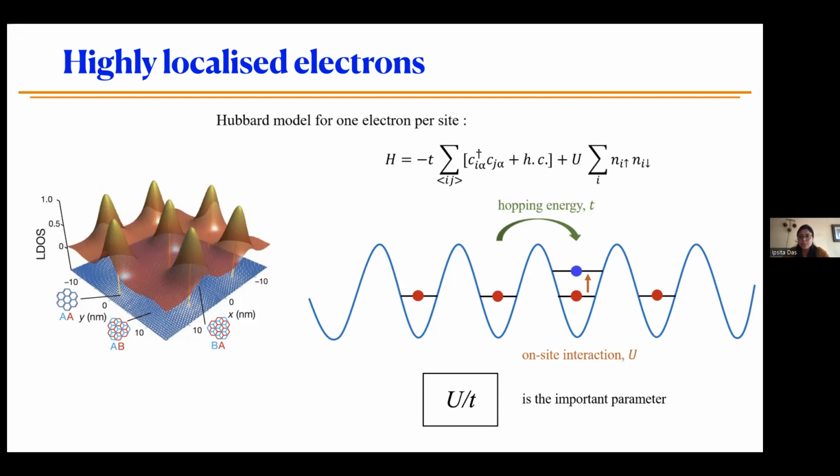And the ratio between these two energy scales is very important, because in strongly correlated systems, sometimes you have your on-site interaction energy very, very high, and you have different insulating states, like Mott insulator or different correlated insulating states. So in this system, the ratio of U by t is a very important parameter to understand what is happening in this highly localized electronic system, right?